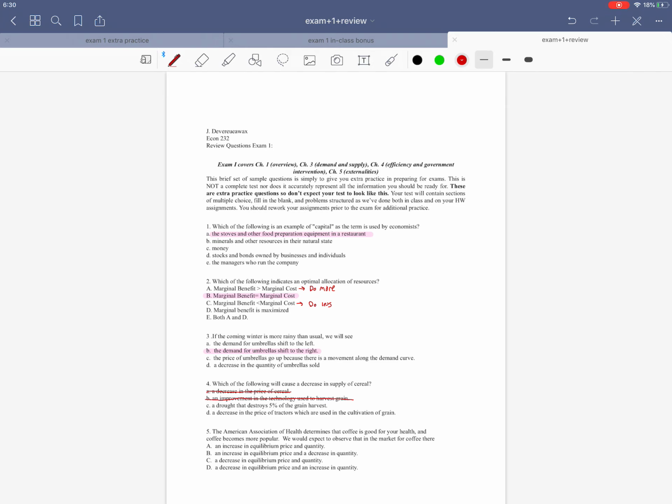And we can say a drought that destroys 5% of the grain harvest, yep, that's something that would negatively impact the supply of cereal. So a decrease in the price of tractors, which are used in the cultivation of grain, would increase the production, so that would increase supply as well. So C is going to be the correct answer.